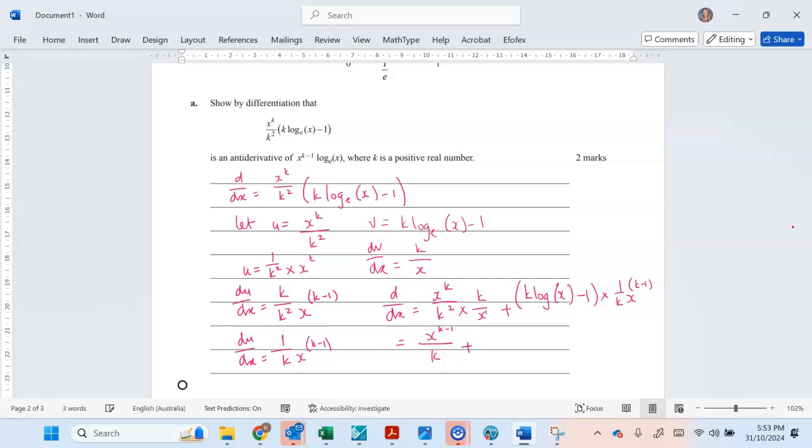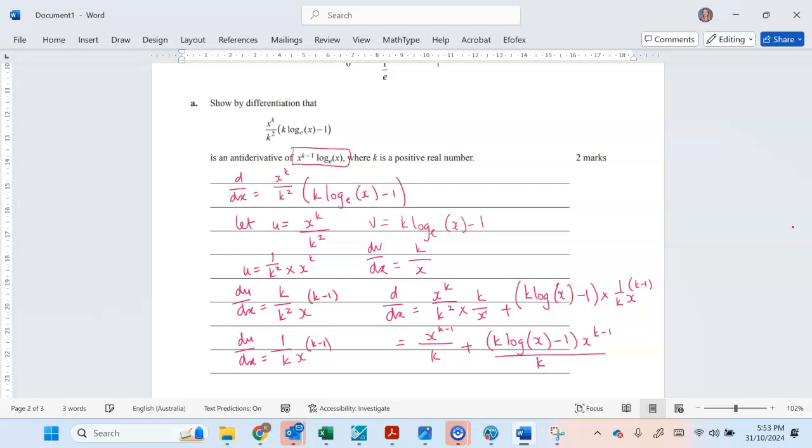Okay, look, x minus 1, and we're multiplying that by, so put it in brackets, 1 on k, x^(k minus 1). All right, so let's just tidy this up. So we're going to have 1k down the bottom, and then this is k to the power of 1, so we can rewrite this as x to the power of k minus 1. I'm going to just write this and then do my cancelling. Over k, and the x^(k minus 1). All right, we do have the same denominator because remember we're showing this is an antiderivative.